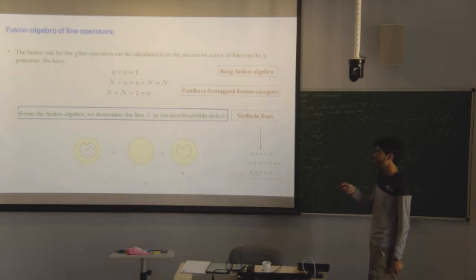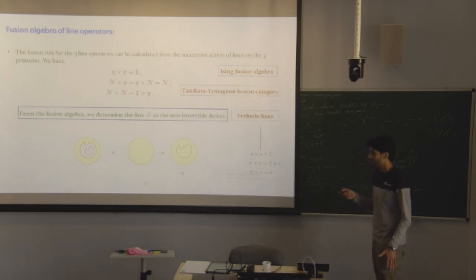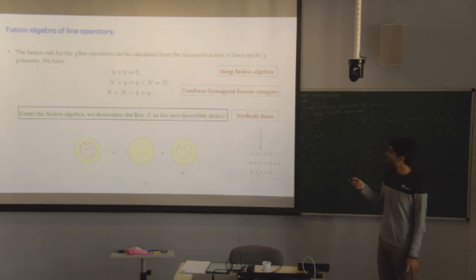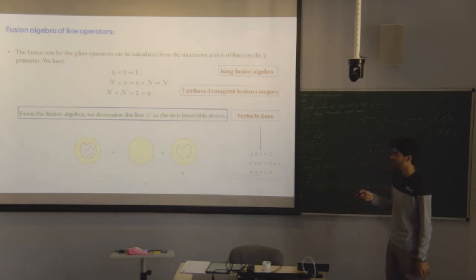And because there are only these three operators, there is no extra operator which would be an inverse of N under the fusion algebra, right? So this fusion algebra you can start with, and you can find out all the associators of the fusion category, and then what Tambara and Yamagami did was to find what the possible fusion categories are, and this would tell you exactly, up to some epsilon constant that we'll talk about later.